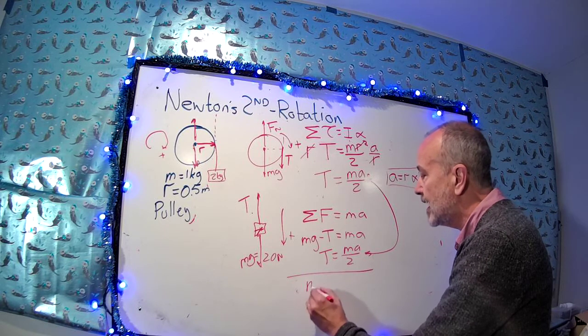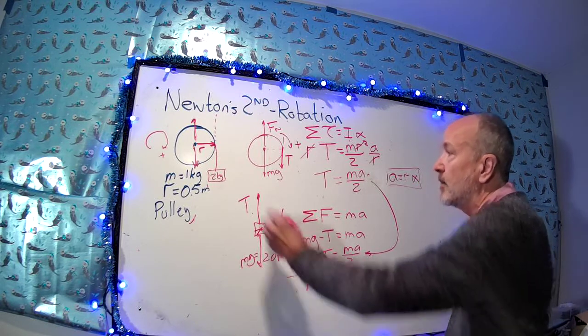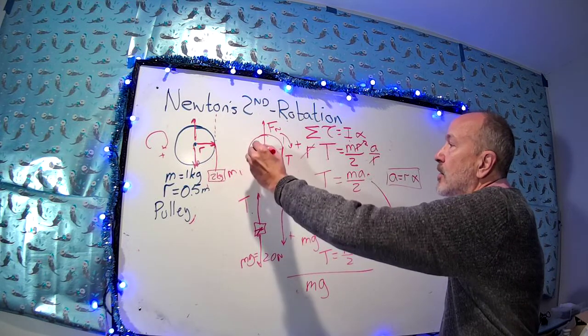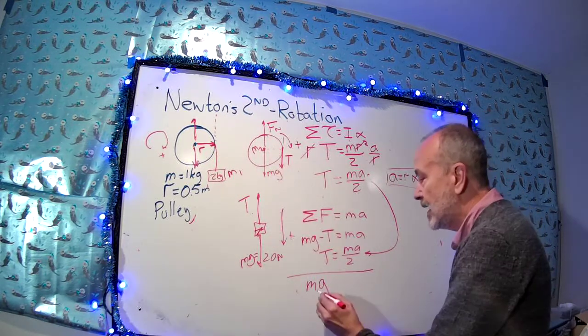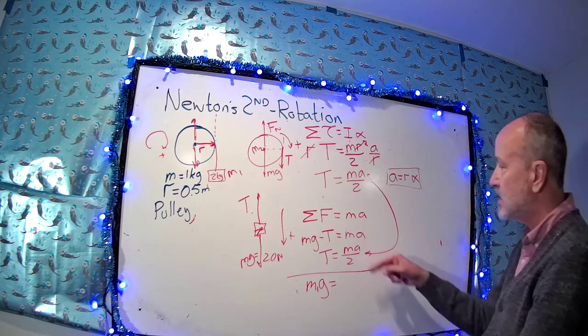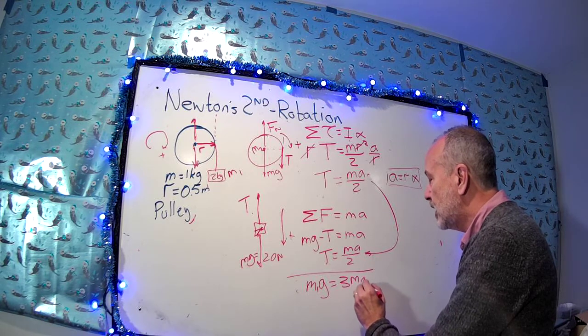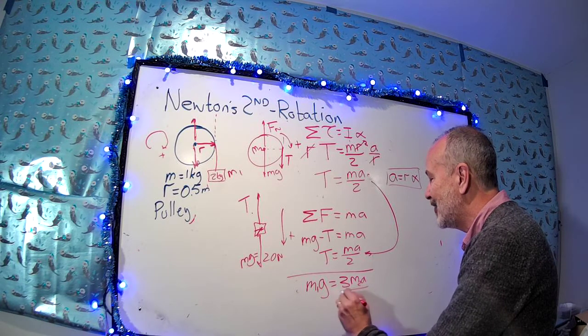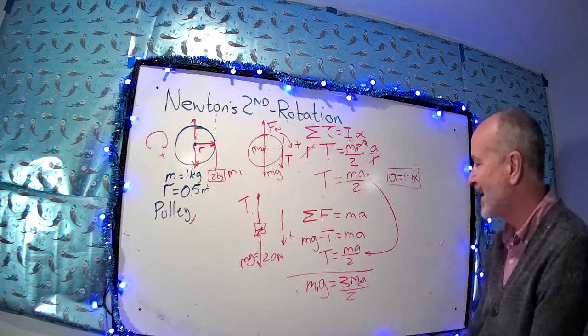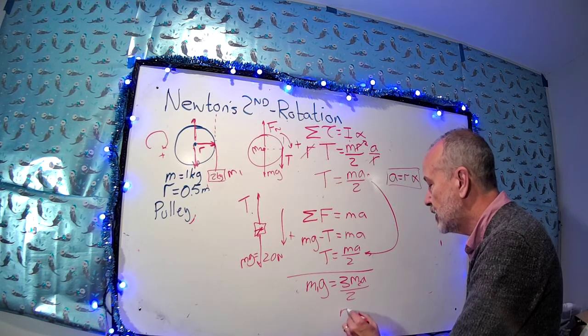So when I add them together, m g, and by the way, this is the mass that's falling. I'm going to call this m1, and I'm going to call this m2. So m1 g equals m a plus m a over 2. And then we can solve for that acceleration.